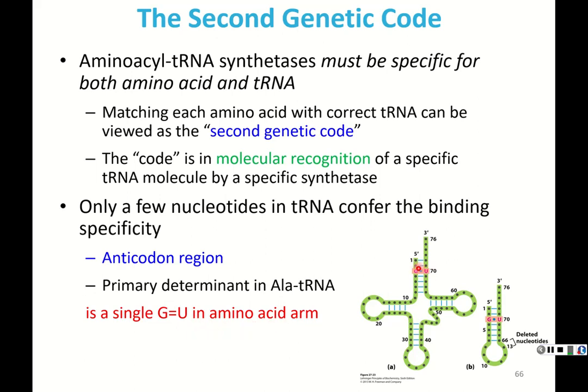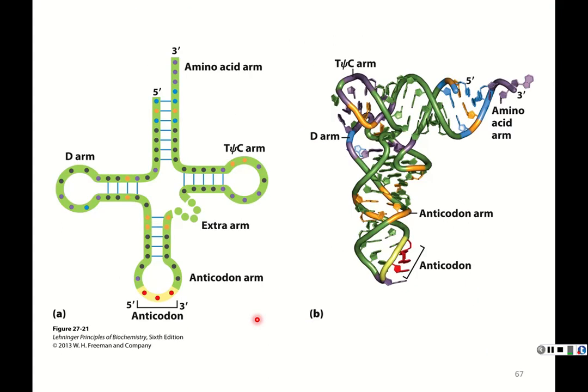So this position here is the primary determinant in the alanine tRNA molecule. So that's pretty remarkable that something so simple as that one base pair can give specificity to which amino acid gets put on it.